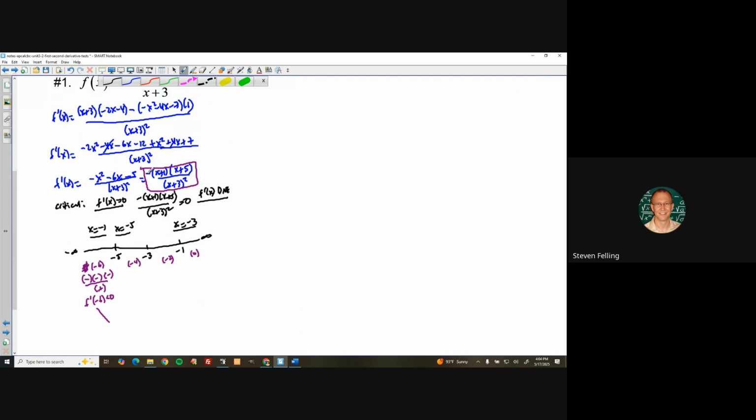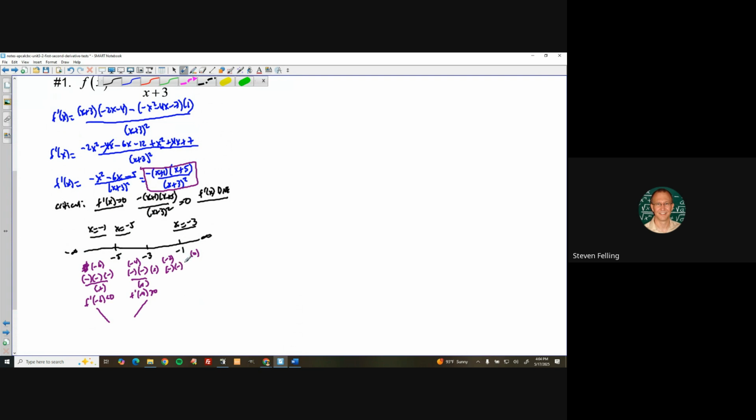Negative 4. So we have a negative out front, that's not changing. If I plug negative 4 in, that factor is negative, but negative 4 plus 5 is positive. And then this is positive on the bottom. This is positive over positive, so f prime at negative 4 is greater than 0, or increasing. The function curve is increasing. At negative 2, negative 2 plus 1 is negative.